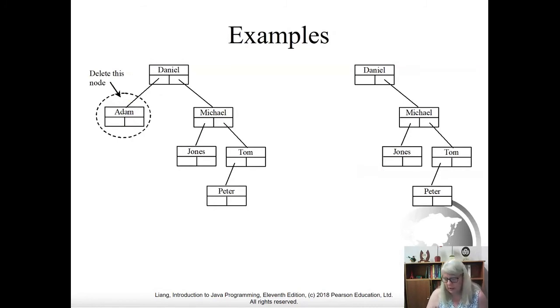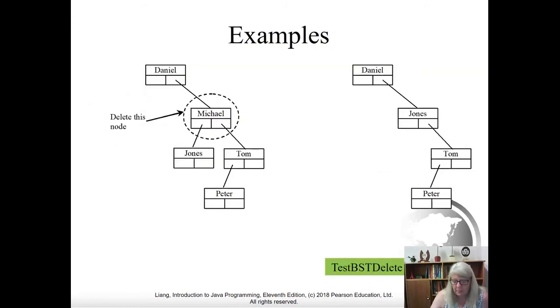If we just want to remove something with a leaf, we just remove it. If we remove something like Michael here, what's going to happen when we remove Michael? This left side does not have children, so the right side just connects to the left side.